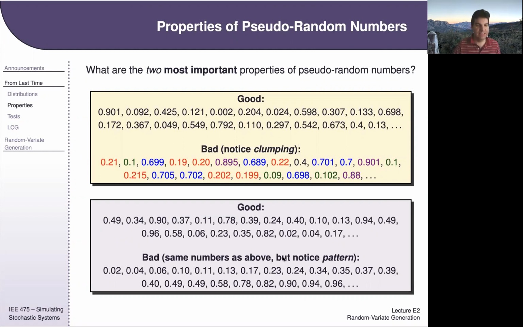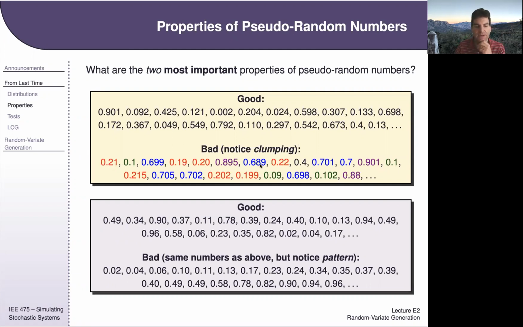As an example, up here I've got a stream of numbers, and it's easy to look at the bad numbers down here. At first glance, from a mile-high view, these numbers look like they're spread all over and look perfectly fine and random. But if you look more closely, you see that there are a bunch of them, colored in red here, that are clumped around 0.2.